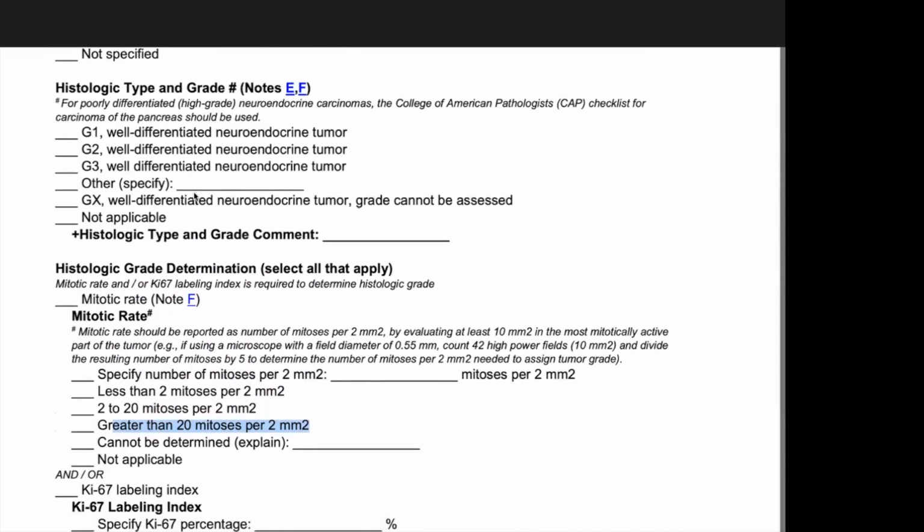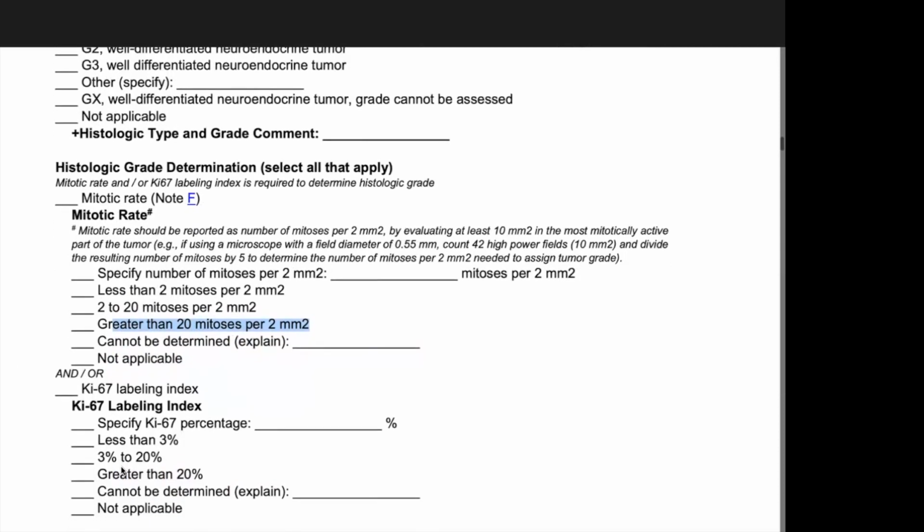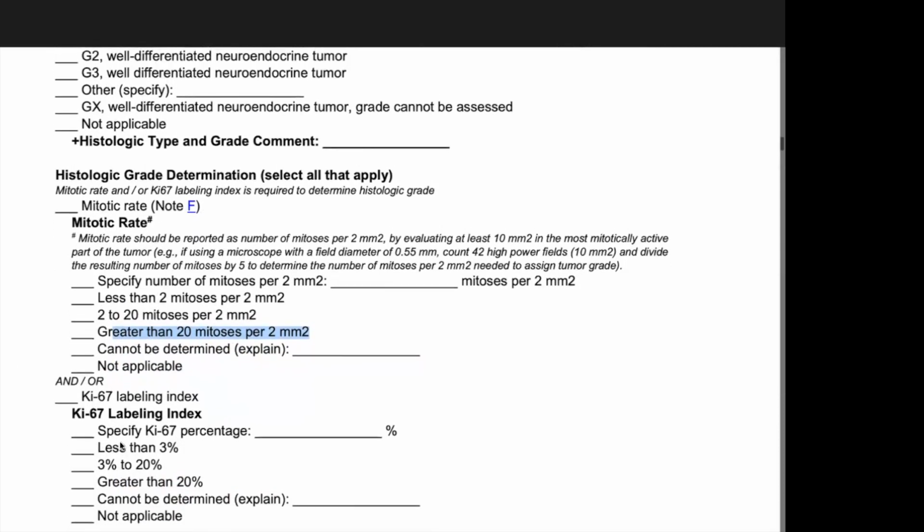So when you see that you have a well-differentiated neuroendocrine tumor and it has a G1, G2, G3, G1 being the best prognosis, G3 is a worse prognosis. This is what they're referring to, mitotic rate versus the MIB1 or Ki-67 labeling.